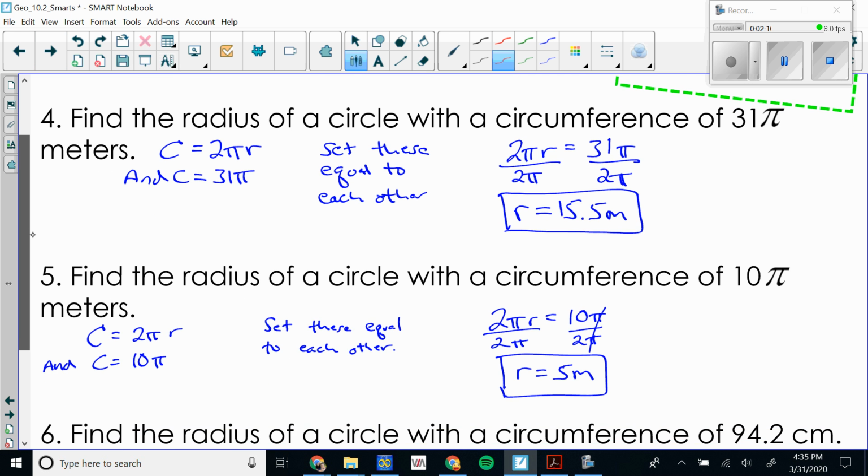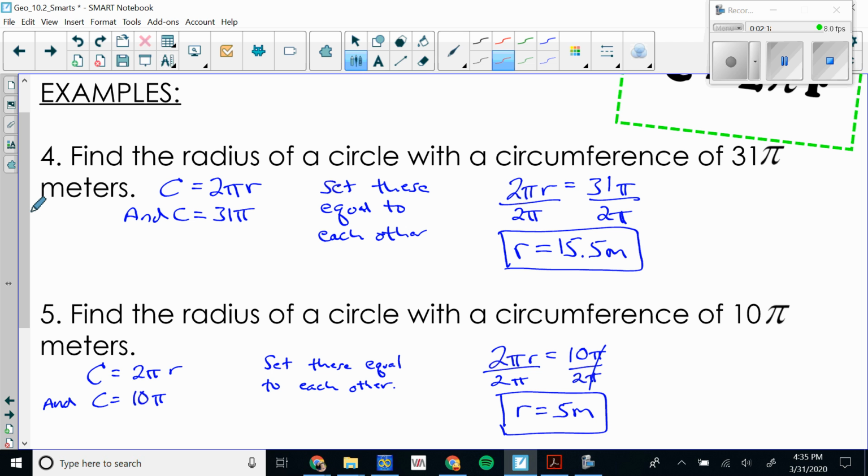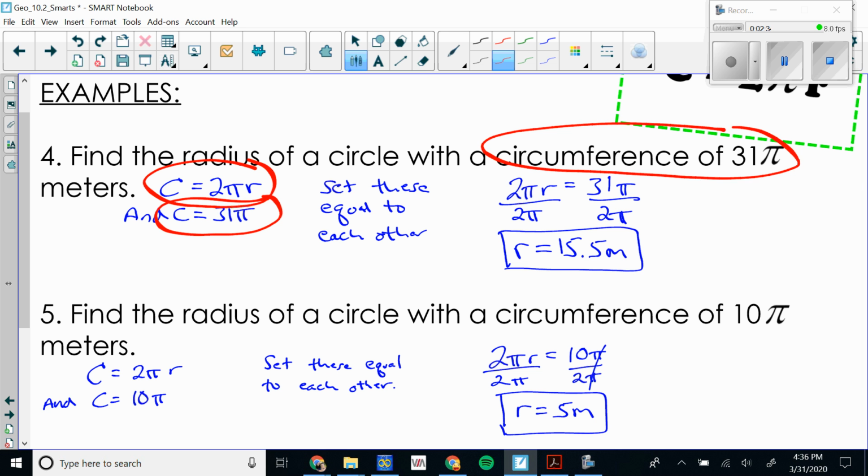Next slide says find the radius of a circle with a circumference of 31 pi. So again, we're going to use our c equals 2 pi r. And I also want to say that c equals 31 pi, because that's what our directions tell us up here. So let me get rid of those.